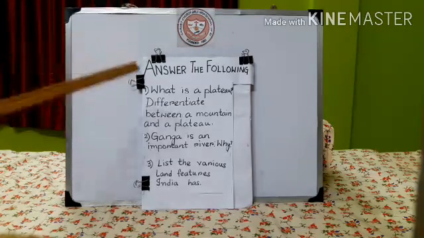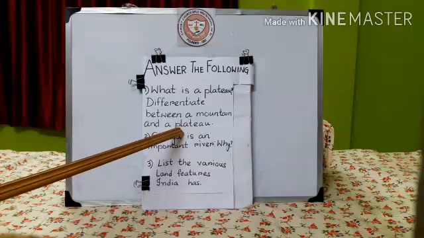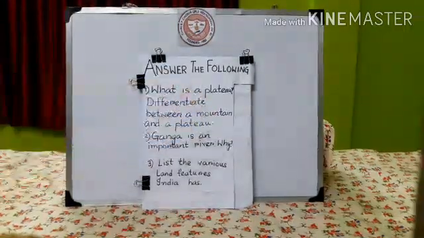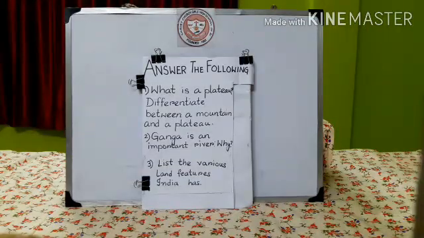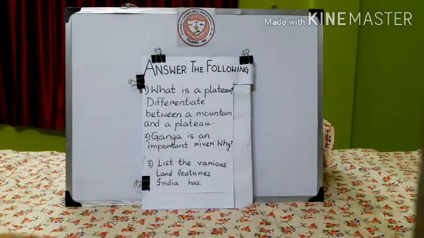Now the second part of the same question is differentiate between a mountain and a plateau. So to this you will write, for mountains you will write, mountains are groups of hills rising quite above the surroundings and have a pointed top called peak. Whereas plateau is a high level land rising steeply from surrounding but with a flat top.